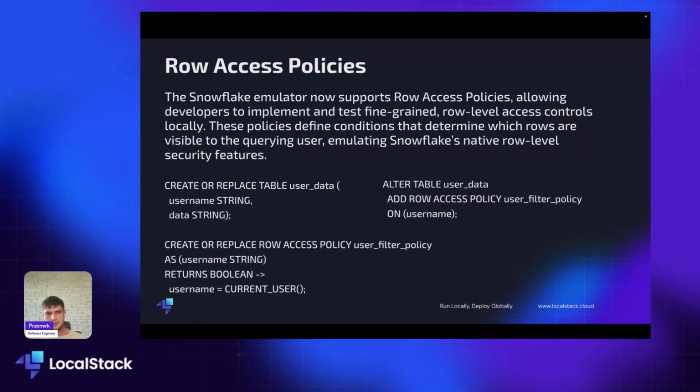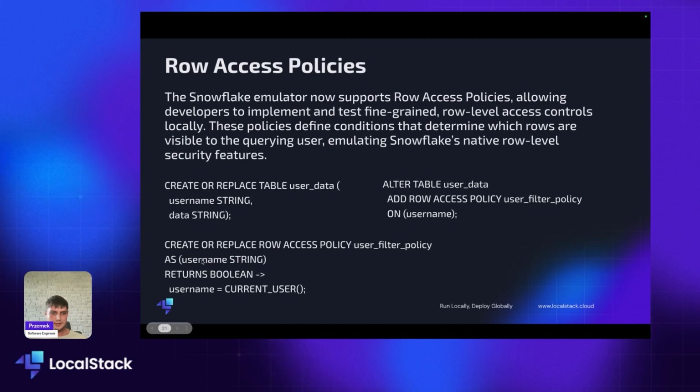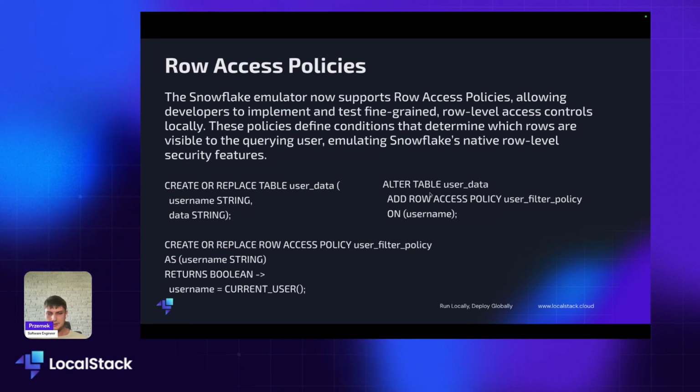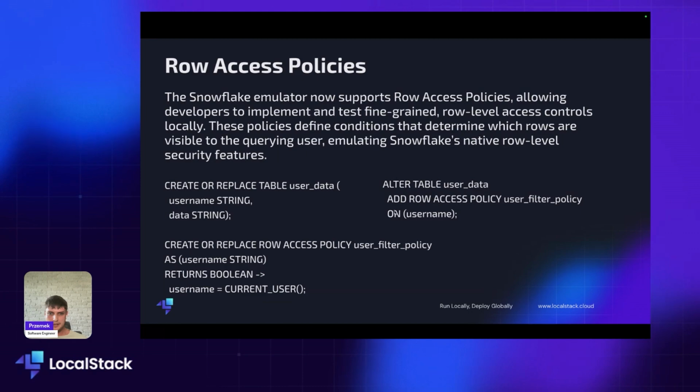So basically, you can create a table first with this query on the left-hand side, then create a row access policy that is basically masking a column, username here, and then enable the row access policy on the table using the alter table query here, and we're basically adding the row access policy to a table and enabling it on the username column.